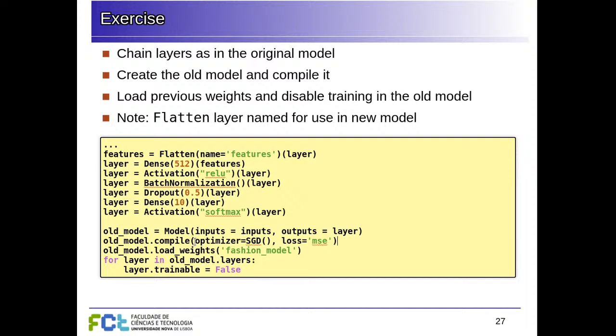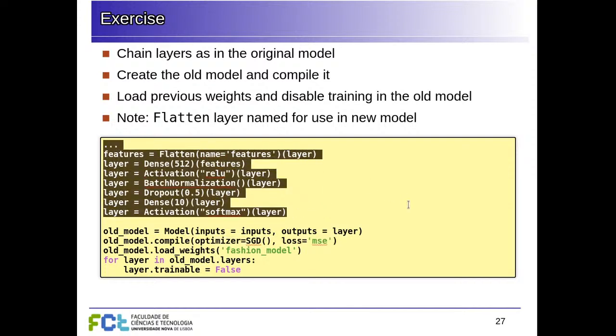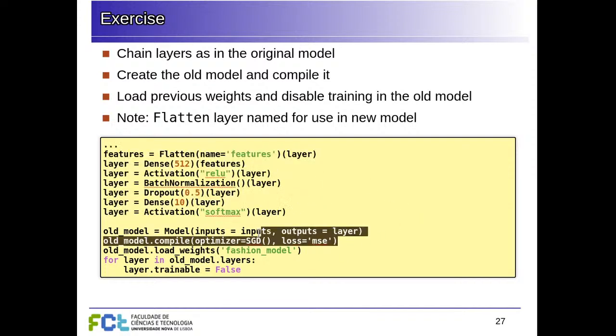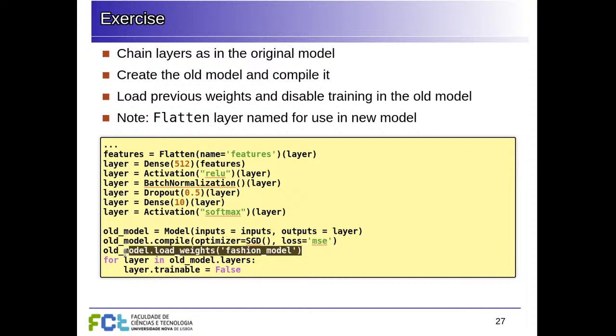So I just compiled it with stochastic gradient descent and a mean squared error loss, which does not make sense for the classification model here, but this is irrelevant because we are not going to use this model completely. We are just compiling it in order to load the weights and then freeze everything.